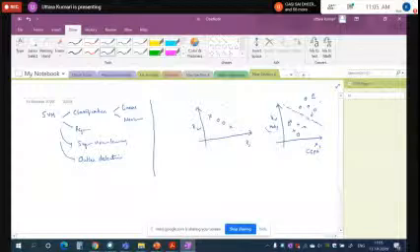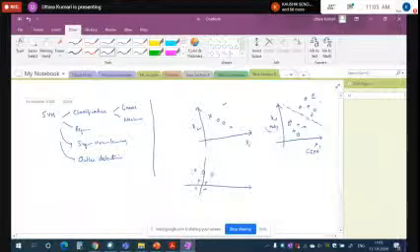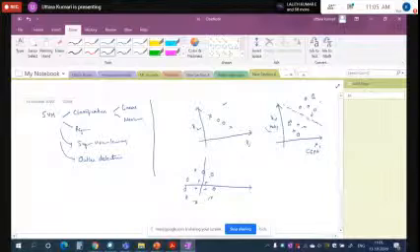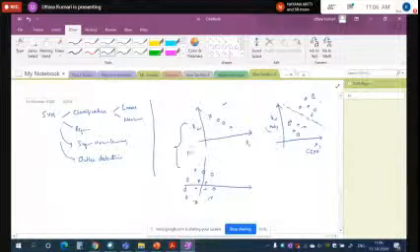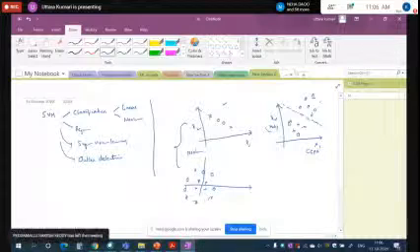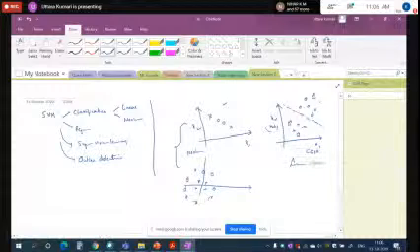Or if a problem of this kind comes, where maybe one is one class and the other is another class, how do we separate them? These kinds of problems come as non-linear classifier problems. That means one single line is not possible to classify this, whereas the earlier one is considered a linear classifier problem.